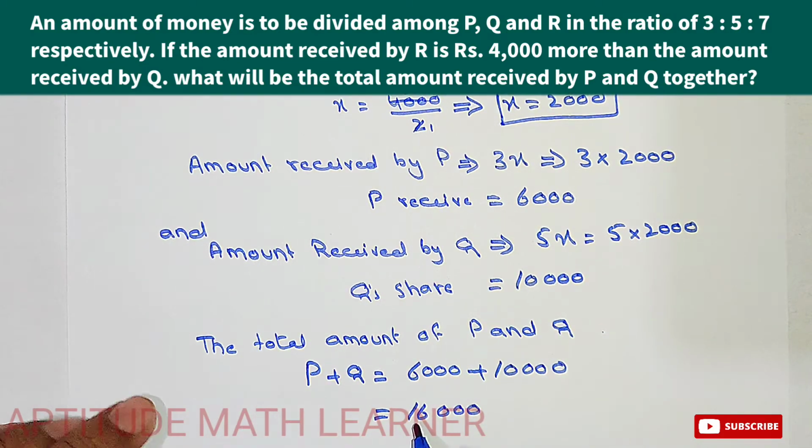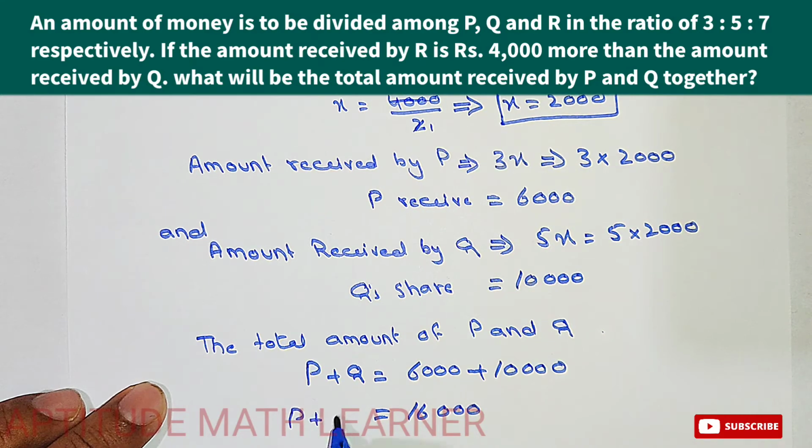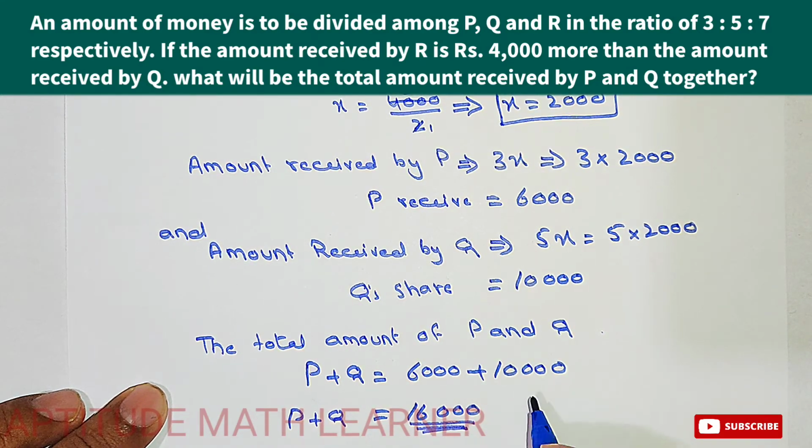So this is the amount for P and Q together, and this is our answer.